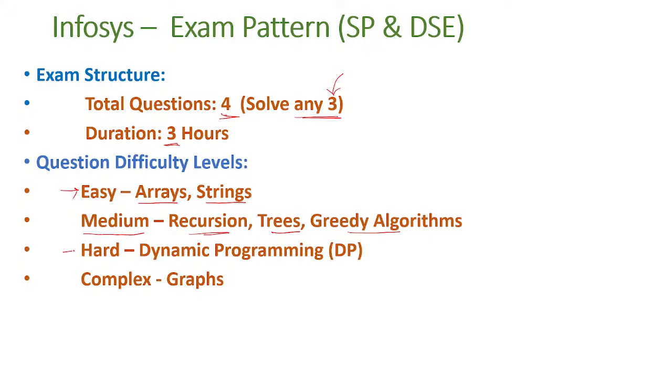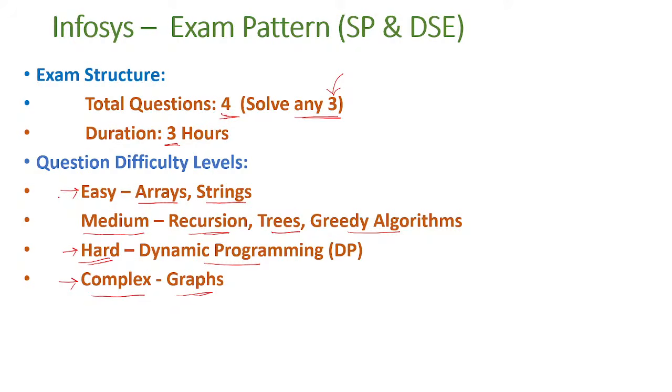The third question will be of hard difficulty level, mostly dynamic programming problems. And the fourth question may be of complex level, which involves graph related questions.